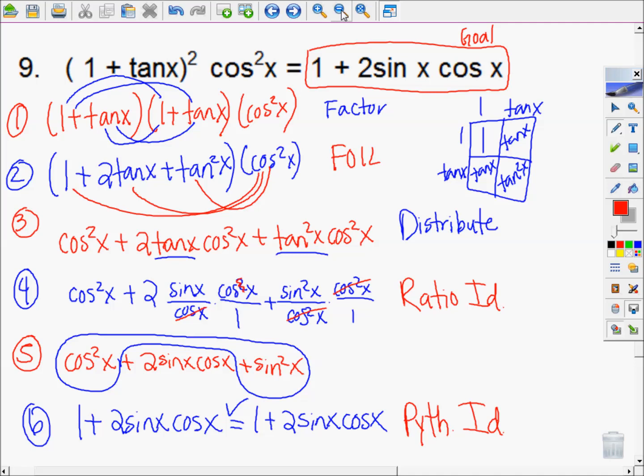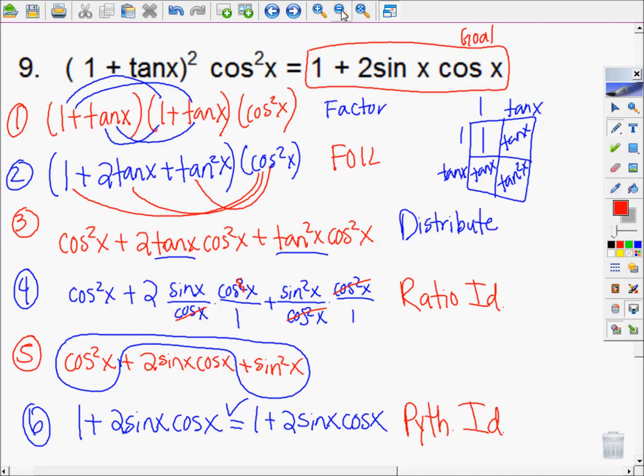Step 2, for the people who are not listening to the recap, we foiled or used the box method, whichever makes your heart happy, to get 1 plus 2 tan x plus tan squared x times cosine squared x. Step 3, we distribute cosine squared x. And when we distribute cosine squared x, we got cosine squared times 1 is cosine squared x, and so on and so forth.